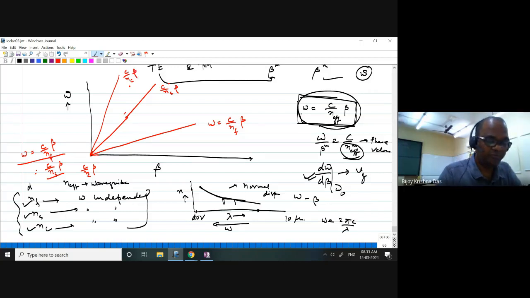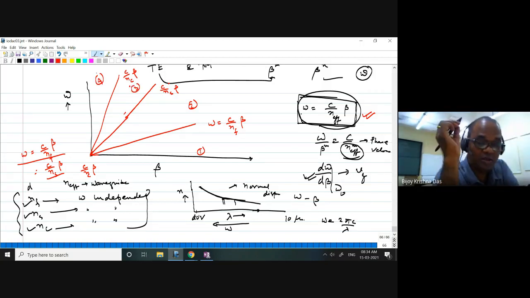Is that correct? Now tell me, if I want to plot this, in which region can you expect the solutions? This is one region, suppose this is region 2, this is region 3, this is region 4. A simple question: if I want to plot the omega beta curve for a guided mode, in which region am I supposed to get a solution?